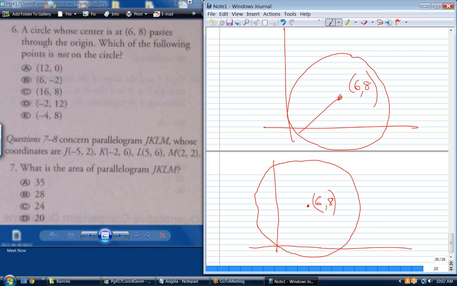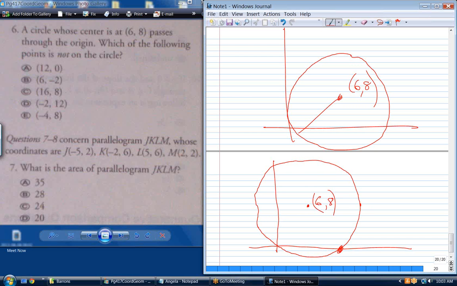12, 0. Well, it looks like it can fit. Yeah, because this is at 6, and if I go to 12, now it curves. So could that point be 12, 0?